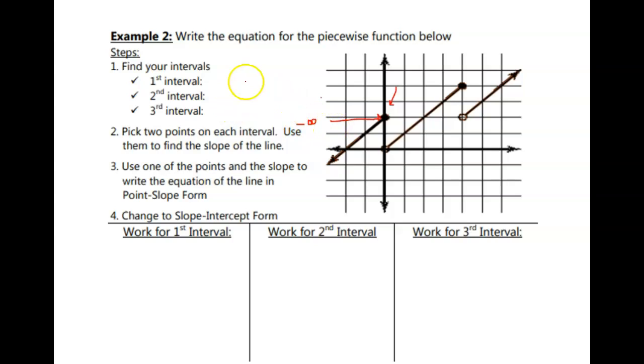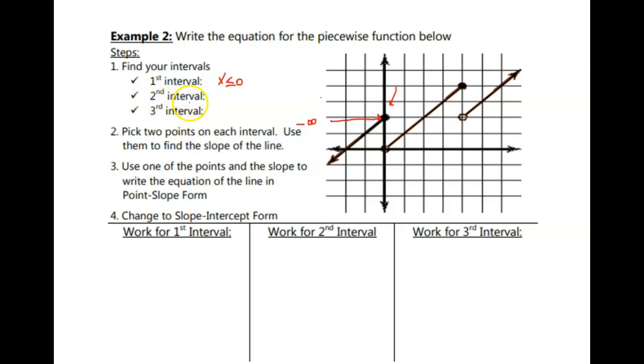I know that my first interval is going to be all the values less than 0, so I would just put when x is less than 0. Now be careful. I look at this point. Is it going to include 0? I notice it's closed in, so it will. So this is not just less than 0, this is less than or equal to 0.